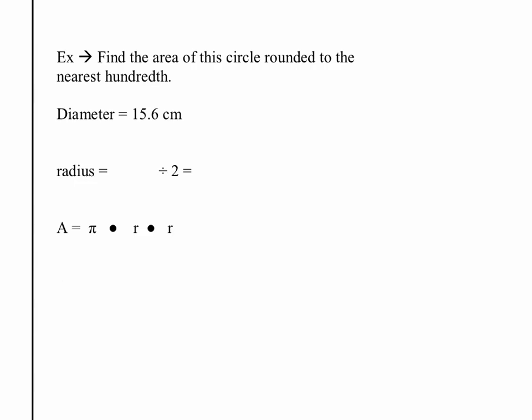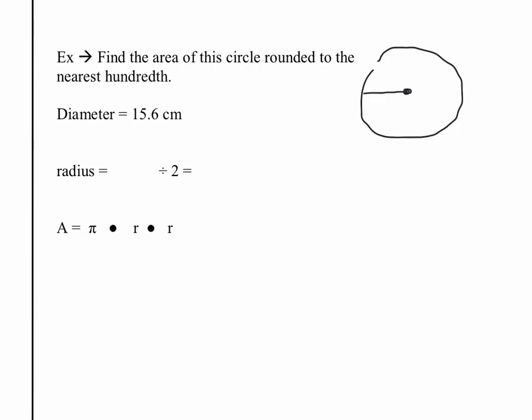The first example is to find the area of this circle rounded to the nearest hundredth. We'll draw the circle to the side, and it gives us the diameter.